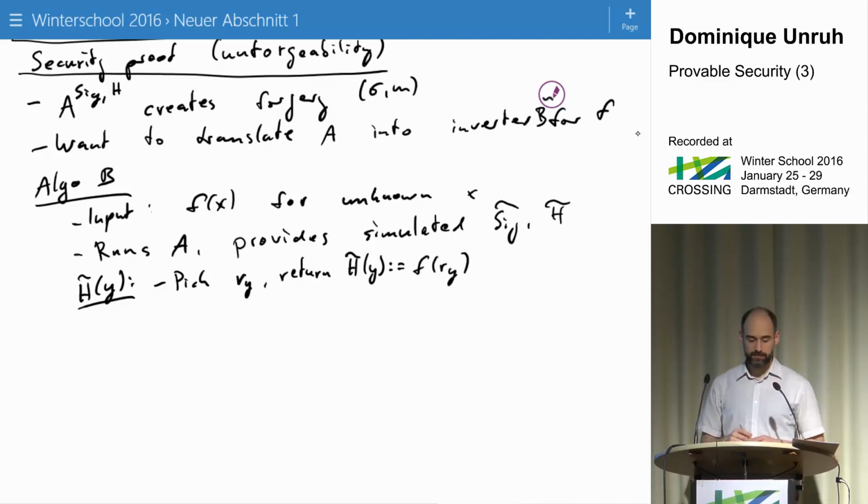Instead of the random oracle just returning a random value, here we return a random value with the one-way function applied to it.